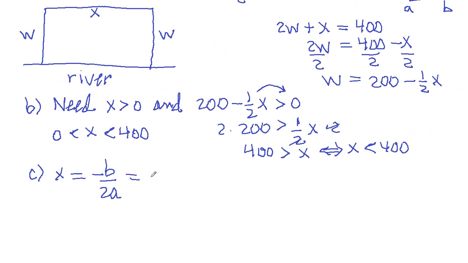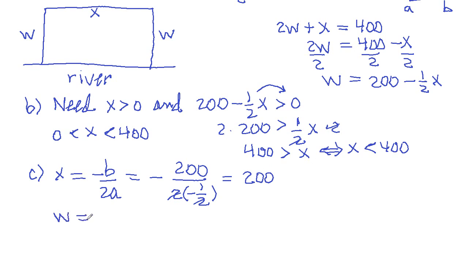So negative b is negative 200, over 2 times -1/2, which is our a. Double negative will make a positive. These twos cancel. This is just 200. So x is 200, and that's your length.